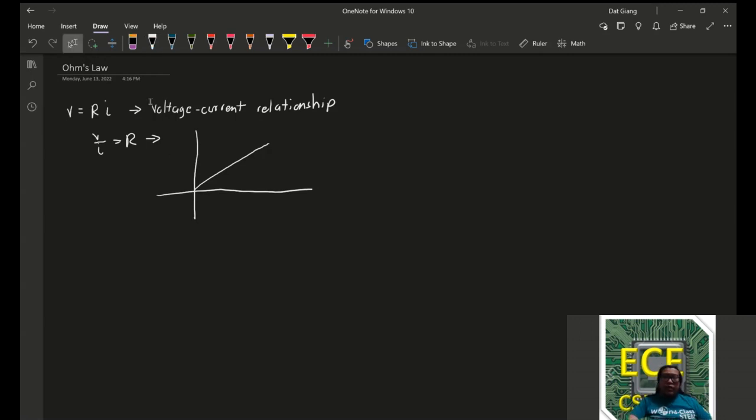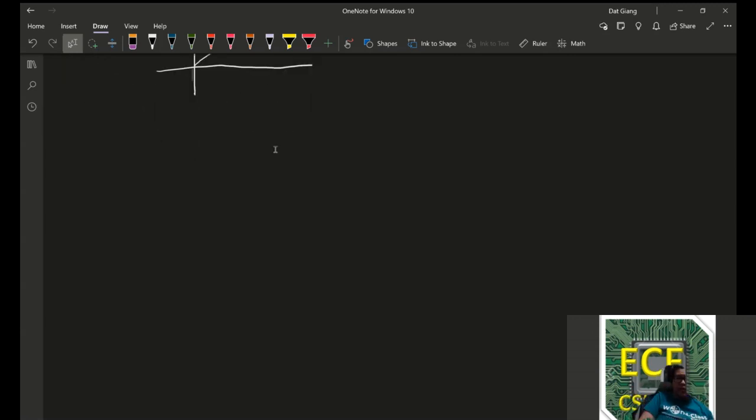Now, of course, Ohm's law isn't limited to just talking about resistance. In a way, we can model a voltage current relationship for a capacitor like so. Or actually, it looks like this: the current is equal to the capacitance times dV/dt.